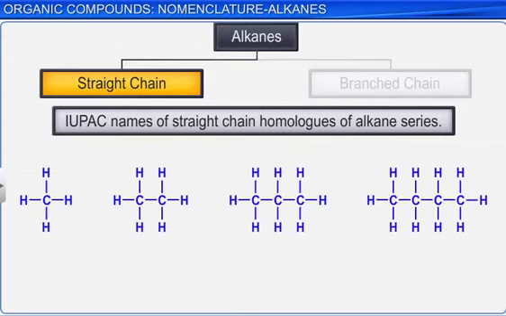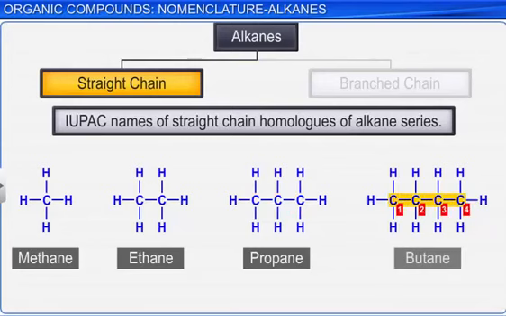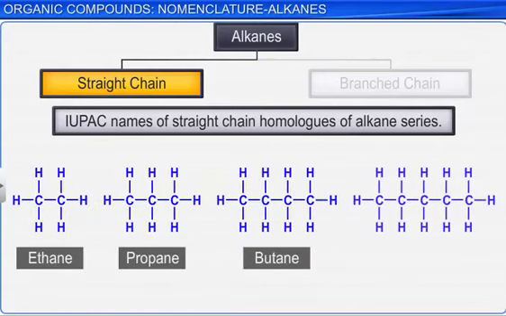The IUPAC name of an alkane having 1 carbon atom is methane. 2 carbon atoms is ethane. 3 carbon atoms is propane. 4 carbon atoms is butane. 5 carbon atoms is pentane, and so on, as shown here.